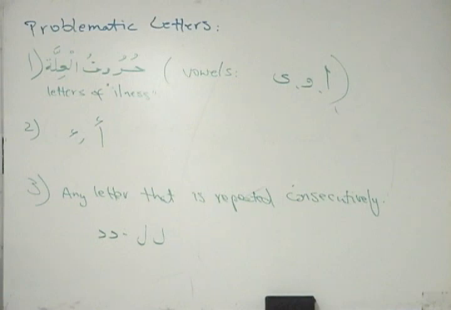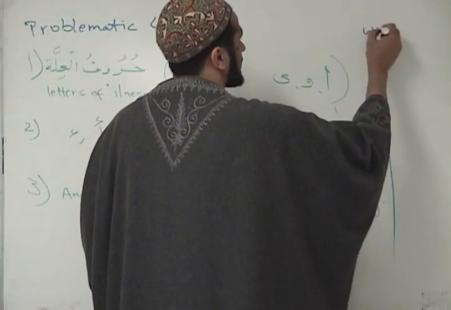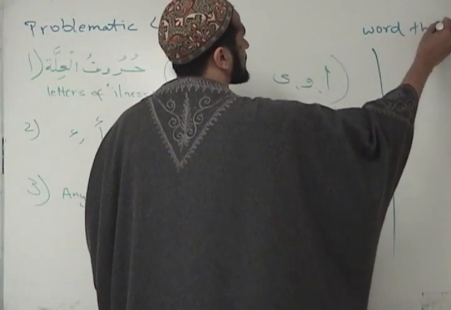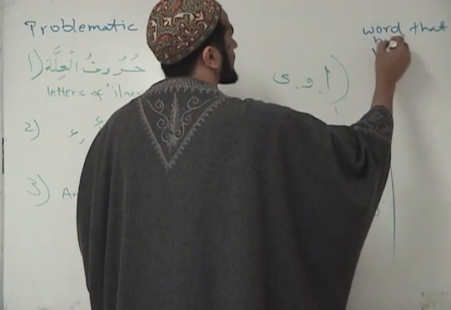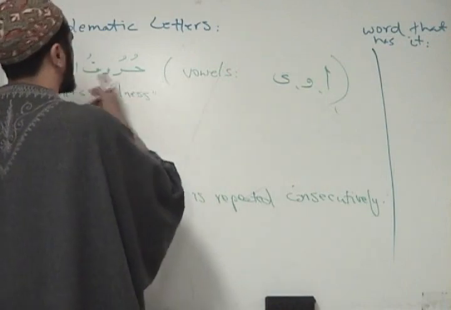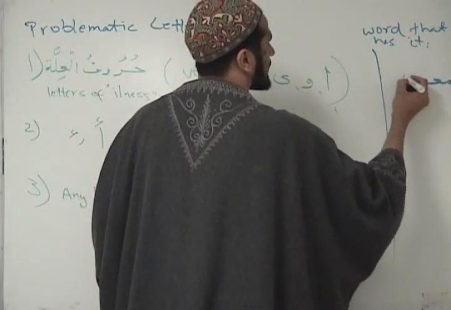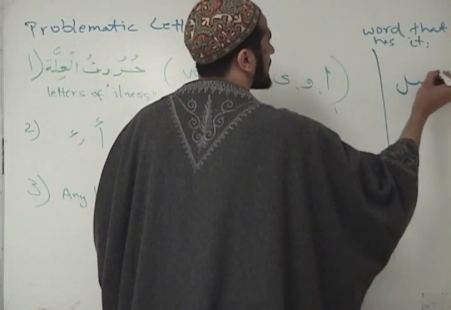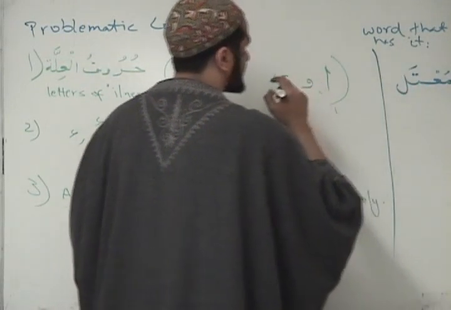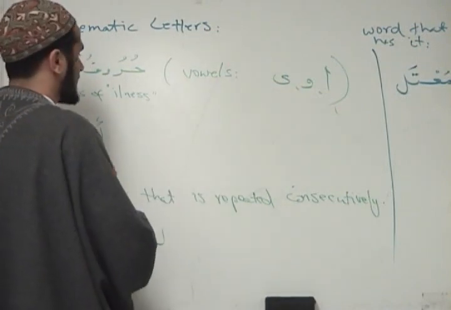Okay. So any word that has huruf al-'illa is called mu'tal. So a word that has alif, waw or ya in it is called mu'tal.